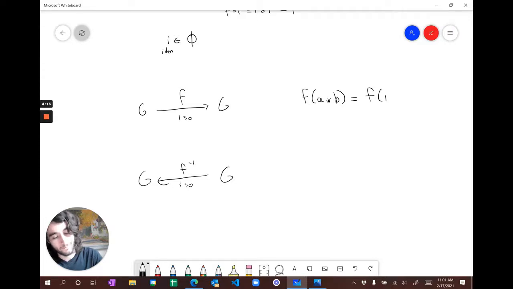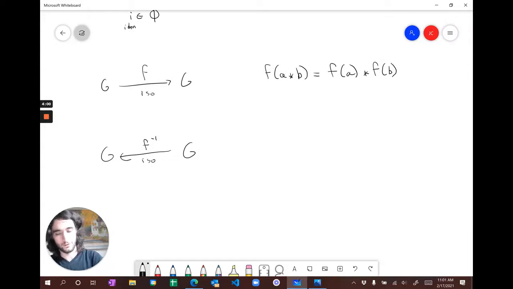So we know that F of A star F of B is the same thing as F of A star B, right? Because F is an isomorphism. So then we can go from there to learn stuff about F inverse, right? If we apply F inverse to both sides, well then what does it say? It says it cancels on the left, so we just have A star B. And then on the right we have F inverse of this product.